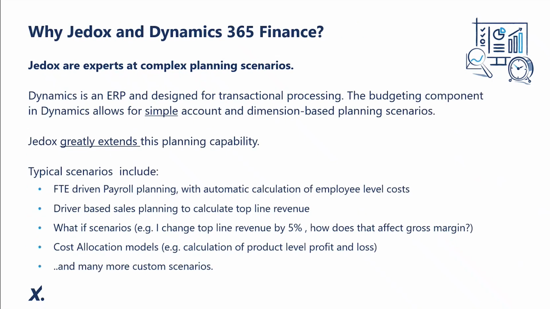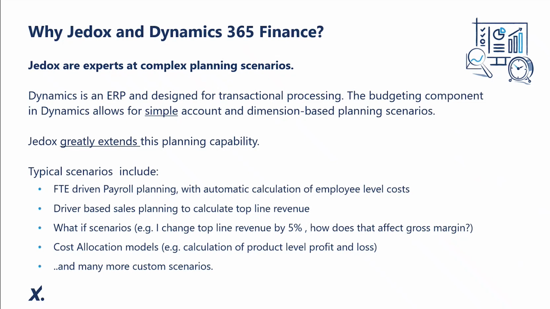Now, Dynamics is an ERP designed for transactional processing, and its budgeting component allows for some simple count and dimension-based planning scenarios. But what Jedox does is it greatly extends its planning capability. A typical Jedox scenario includes workforce planning, where you can add employees to a project or try some of the drivers for the salary areas.